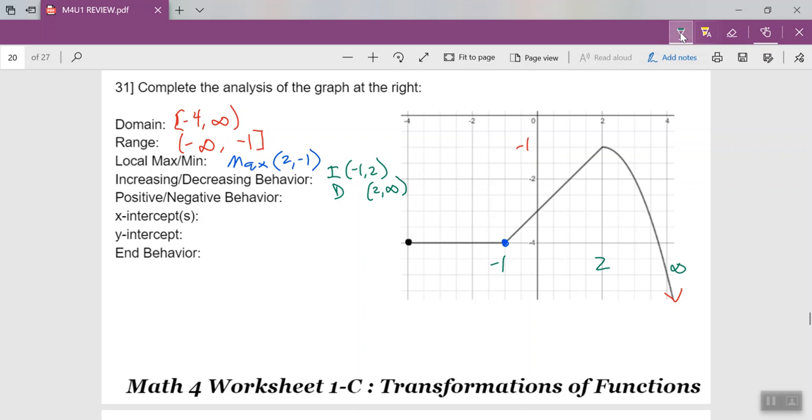Now, as far as the positive and negative behavior, your positive, absolutely none of this. Look at where the x-axis is. It's up here. Every bit of this is existing down where y is negative. So positive has nothing, and negative has everything from where x is negative 4 to infinity.